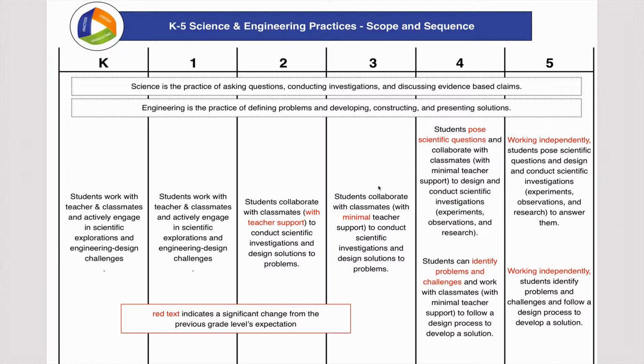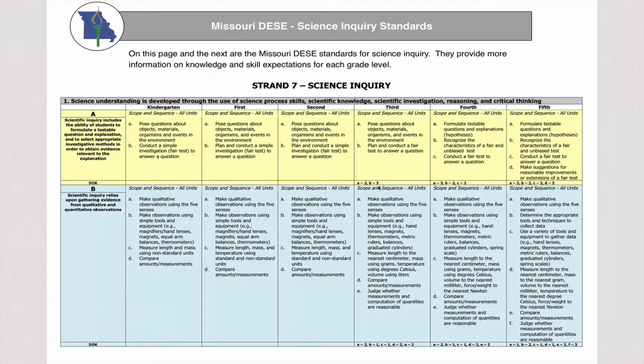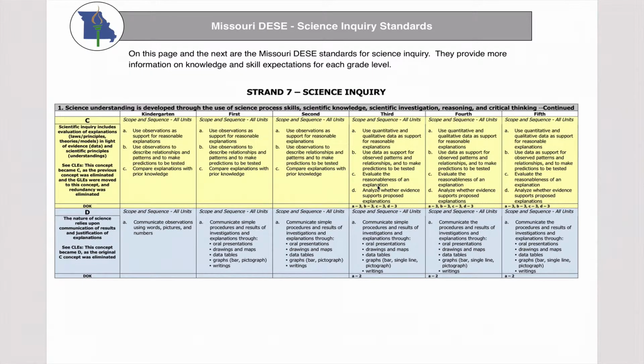And what's in red is what's new each grade level. There are also some files here from the Missouri State grade level expectations. These provide you with some specific information about what kind of tools kids might use each grade level and work they'll do in designing investigations. So it's worth taking a look at that to gauge what the expectation is for what our students should be doing in science at each grade level.